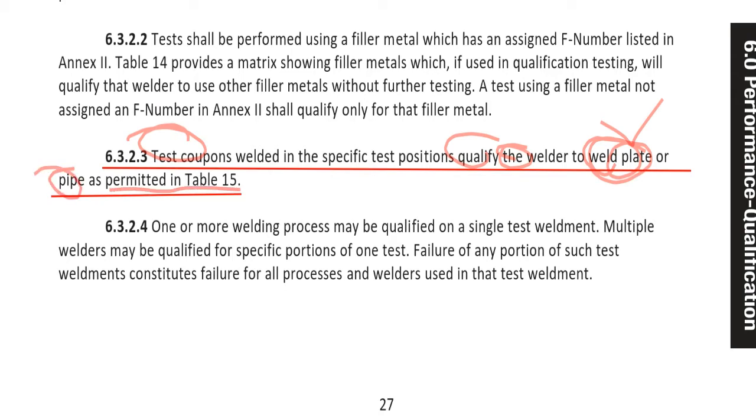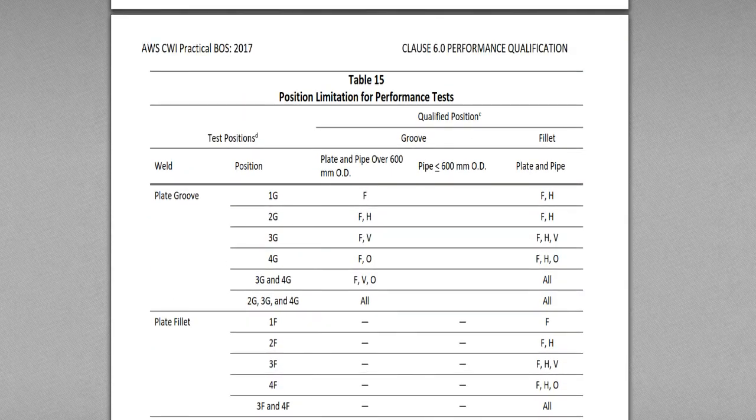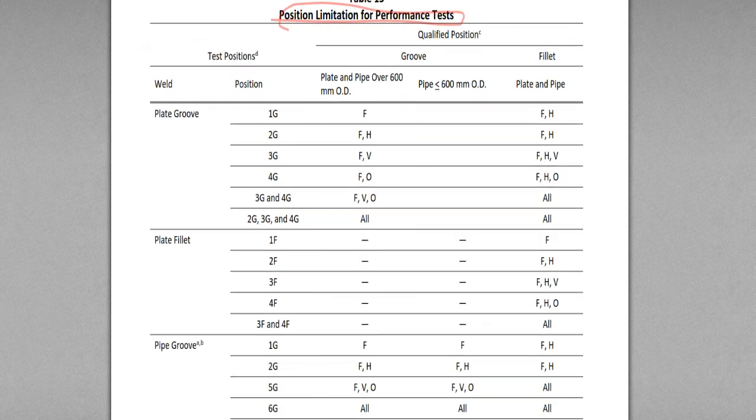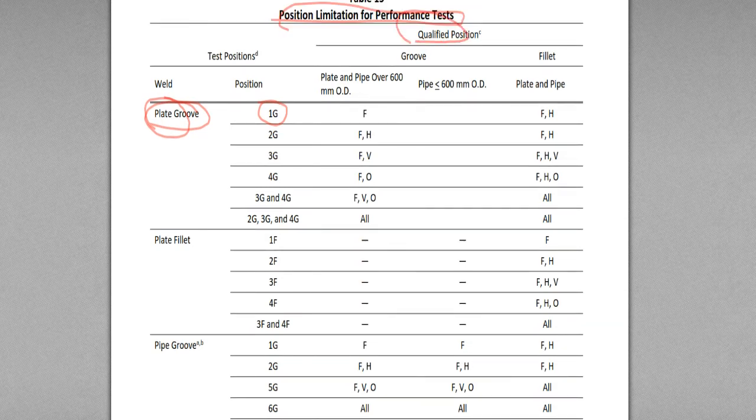Let's go to table 15, what it says. Table 15 is here, position limitation for performance test. Plate group: you used position 1G. 1G means groove. Then the qualified position is in groove weld, you are qualified for plate and pipe over 600 millimeter outside diameter, flat.